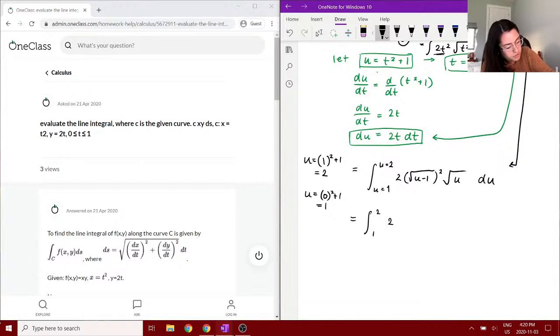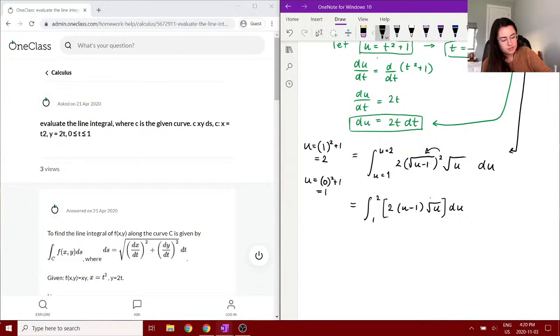So the square of the square root will just be u minus 1. We also have square root of u du. I'm just going to keep this in the brackets to keep it separate. Okay, and let's just distribute this into the brackets. At the same time, I'm going to take out this 2 since it doesn't need to be integrated.